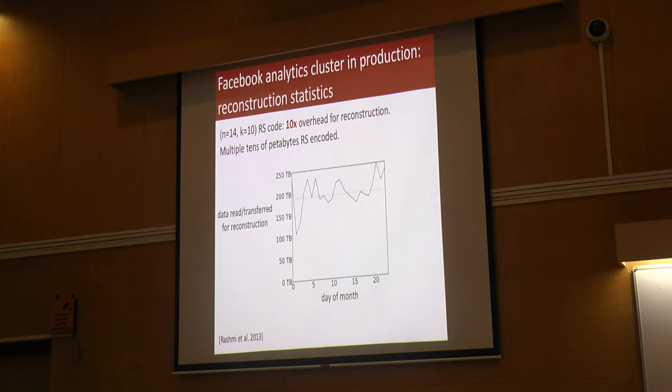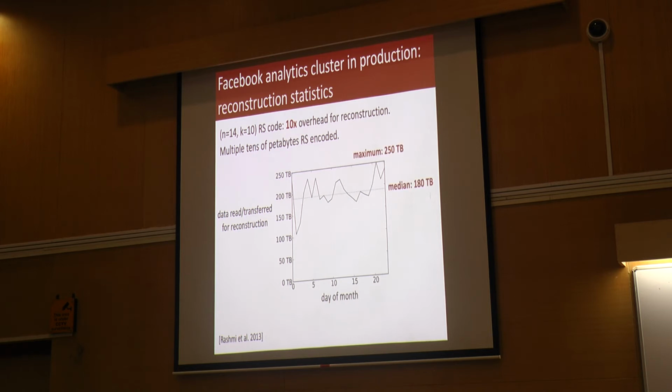So on the y-axis, we have the amount of data that is read and transferred just for reconstruction of Reed-Solomon encoded data. Okay? And on the x-axis is date. That is, for every day, there is a number. And you're seeing the amount of data transferred and read every day just for reconstruction of Reed-Solomon encoded data in the system.